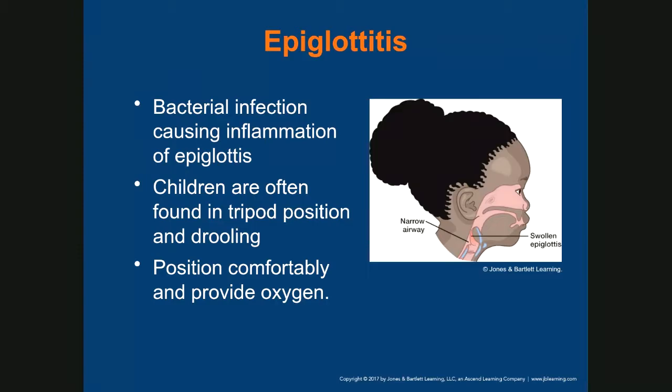Can occur in the adult population, but it's more concerning for the pediatric population. Children are often found in a tripod position, and the mouth is usually open and they're drooling. Right? Again, this type of patient will benefit from humidified oxygen. Avoid manipulating the patient's airway.